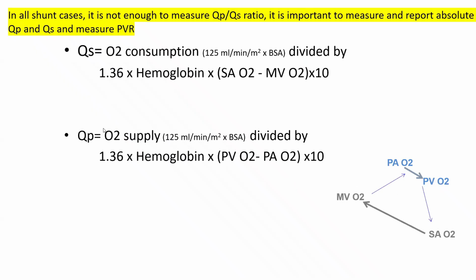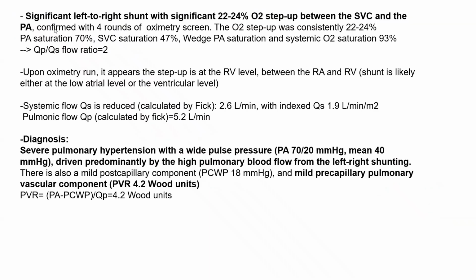For QP, the sats we use are the pulmonic side sats, which is the pulmonary venous sat, equal to arterial sat in most cases, and the PA O2 sat. For the QS, we use the arterial sat and the O2 sat in the SVC, the mixed venous O2 sat. And in most labs, we use the assumed Fick that assumes the O2 consumption and supply based on the body surface area. And this is what we did in this case.